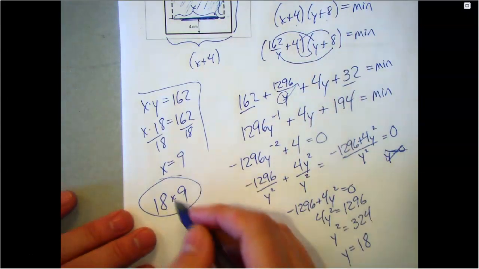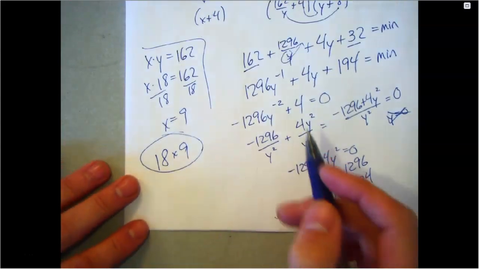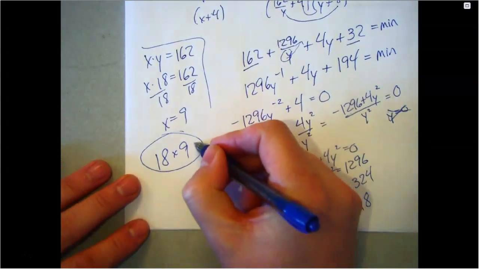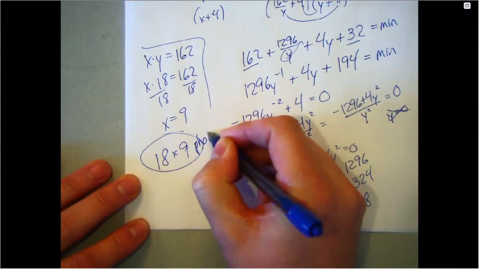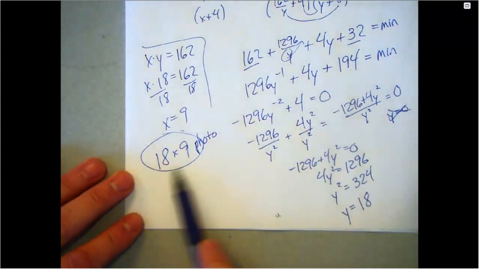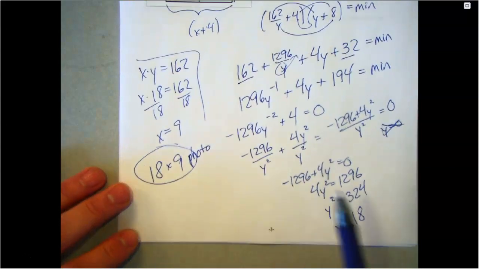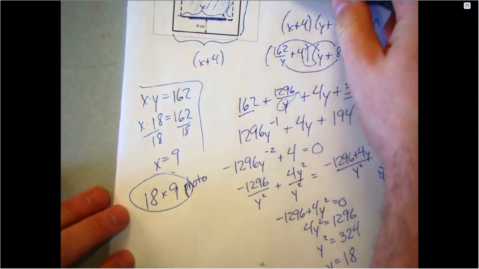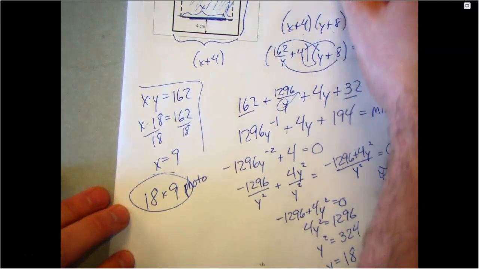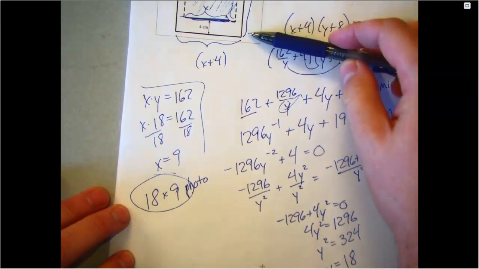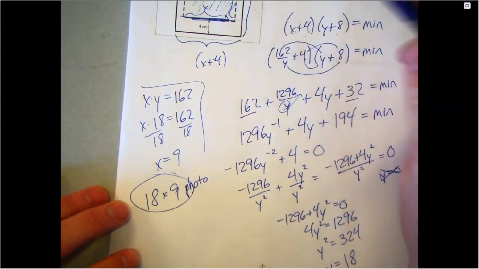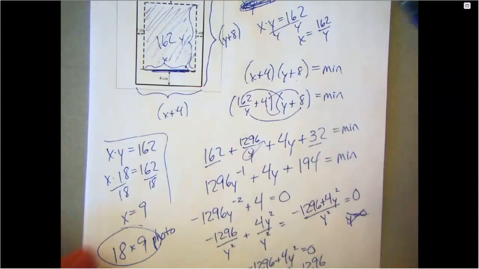What overall dimensions for the poster? You are right, I'm not done. This is the dimensions of the photo, right? I keep mixing up photo and poster. So if the photo is 18 by 9, thank you. So this is 18. But what's the actual length of the poster going to be? 26.